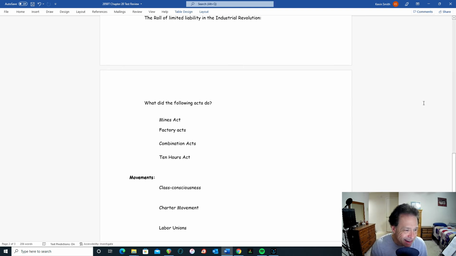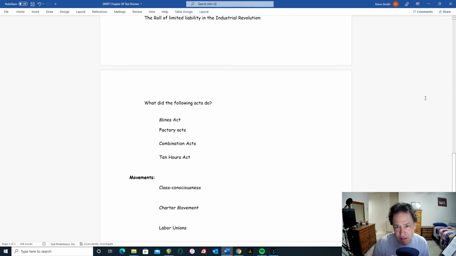The Combination Acts were not about making life better for factory workers. The Combination Acts were actually about making life better for factory owners. The Combination Acts made unions and strikes illegal.